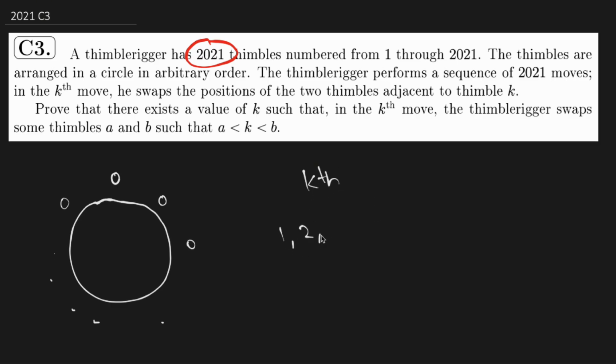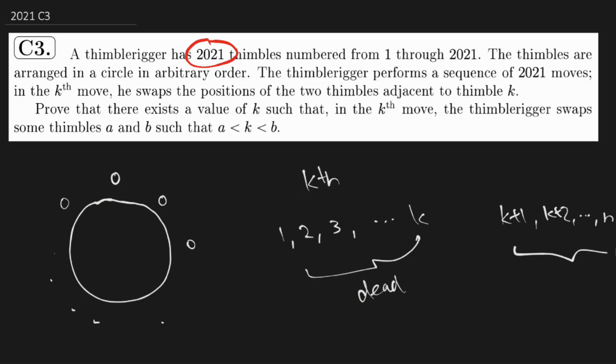If we look at the thimbles 1, 2, 3, all the way to K, they've already done their move and they can't move anymore, so they're kind of useless. So let's call these dead. And let's call the other ones, which are k plus 1, k plus 2, all the way to n, alive. Call these indices alive.